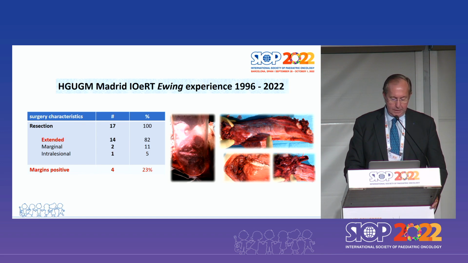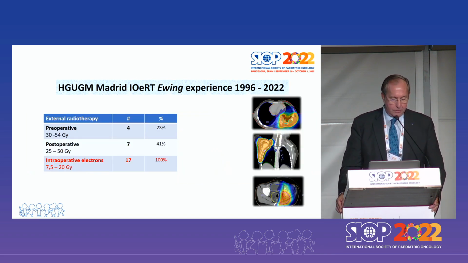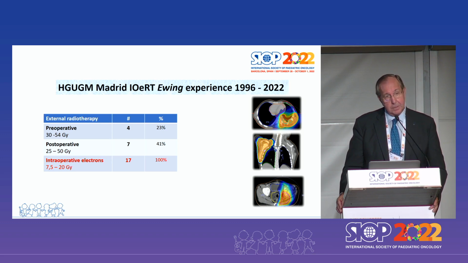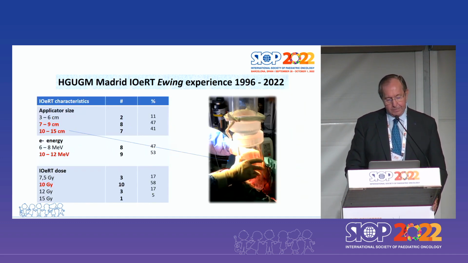Marginal and intralesional resection was the less frequent feature. Preoperative or postoperative radiotherapy was used, not in all patients. Some of the patients had previous external beam radiotherapy, and the possibility to re-irradiate was minimal with external beam. So all the dose was delivered intraoperatively.